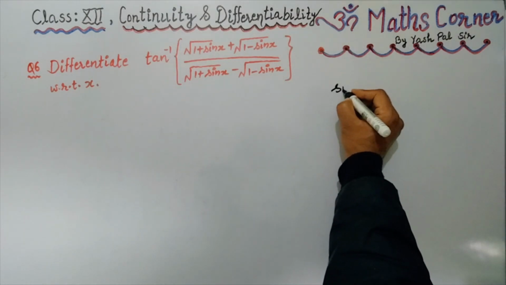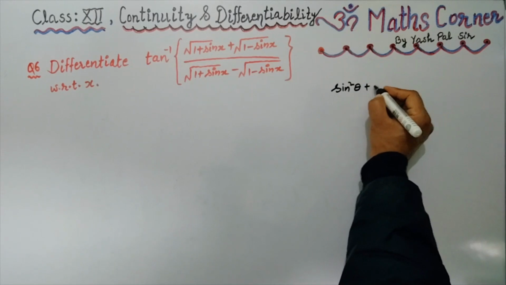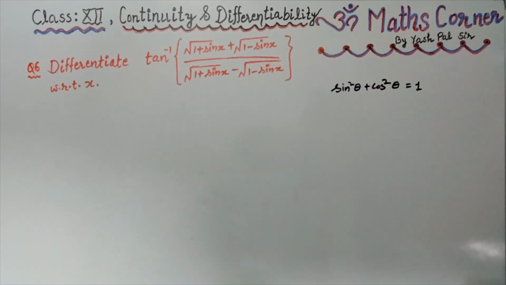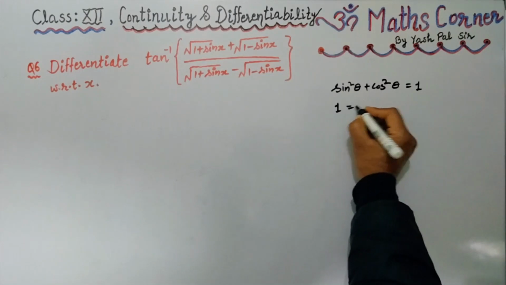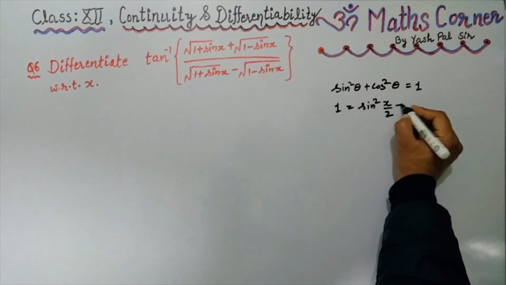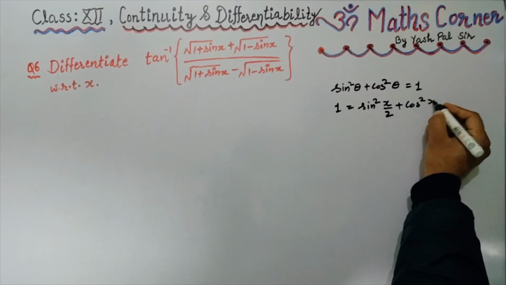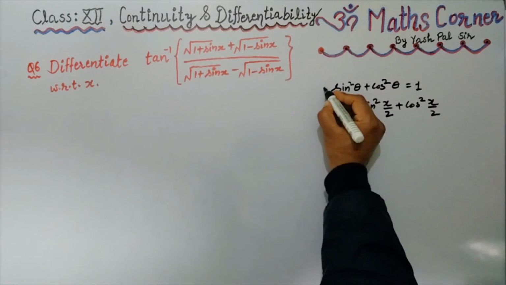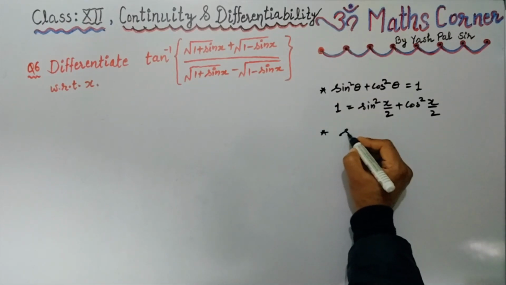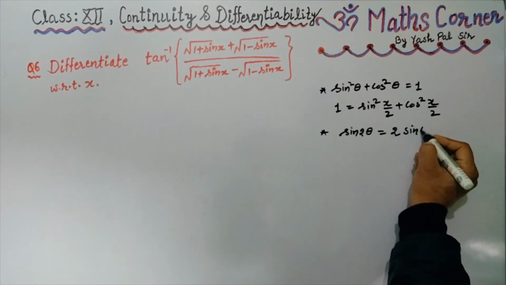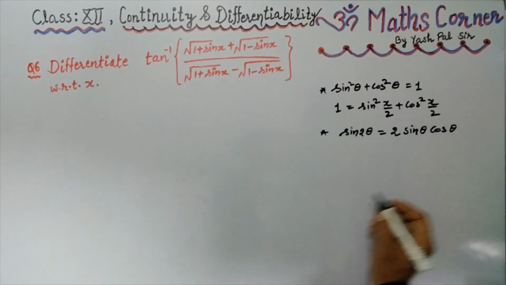What is that? We know that sine square theta plus cos square theta is equal to 1. So we can say 1 is equal to sine square of x by 2 plus cos square of x by 2, first thing, in place of 1. Next rule we know: sine 2 theta is equal to 2 sine theta into cos theta.